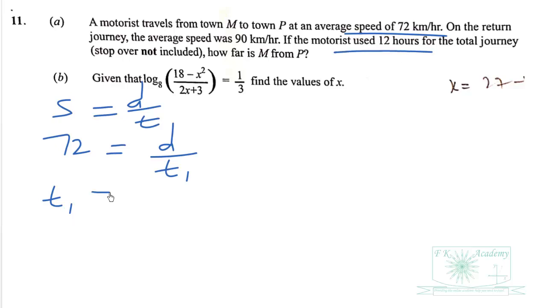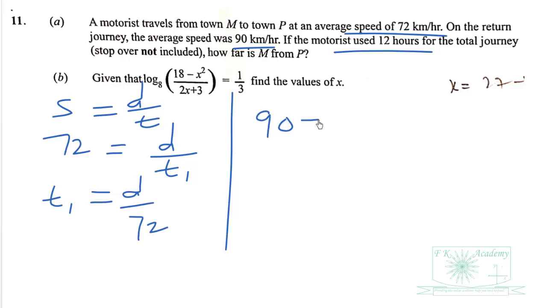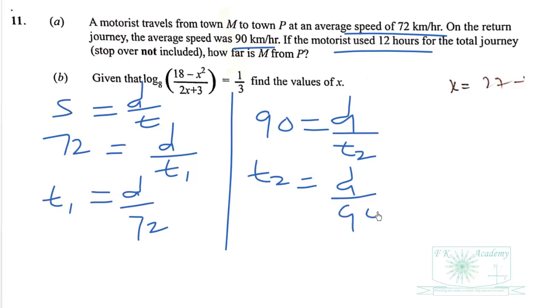So let's make the first time taken the subject, because we're given the total time to be 12. So the first time taken will be equal to d over 72. The distance is the same in both cases. So d will still be the d. We'll not have d1, d2. But in a similar way, we can have t2, which is from the 90 kilometers per hour. That is the second phase of the journey, or the return journey. So the speed is equal to the same distance over the second time taken. So the second time taken will be equal to d over 90.